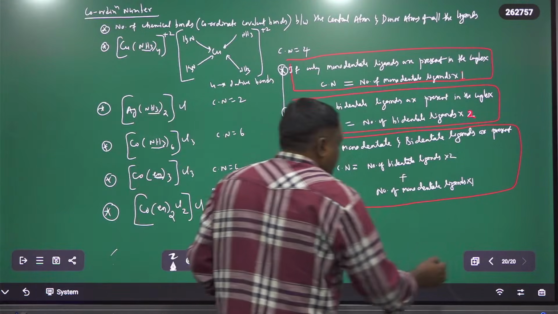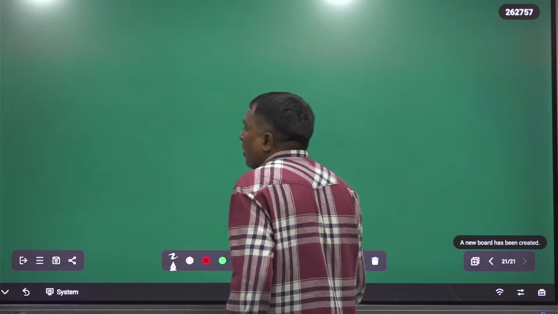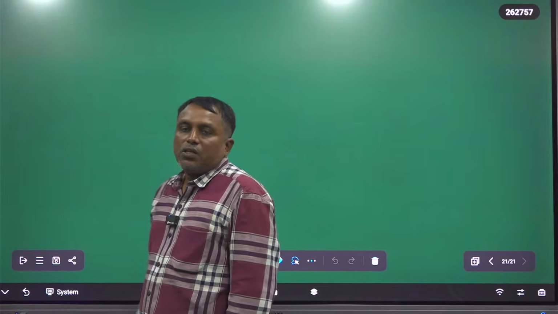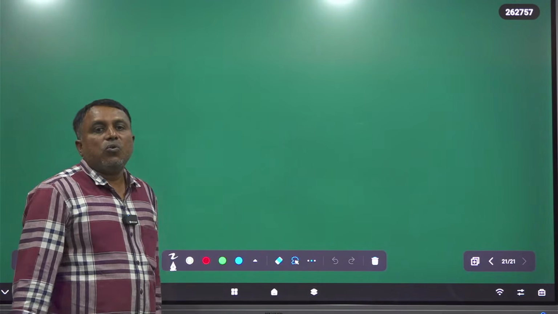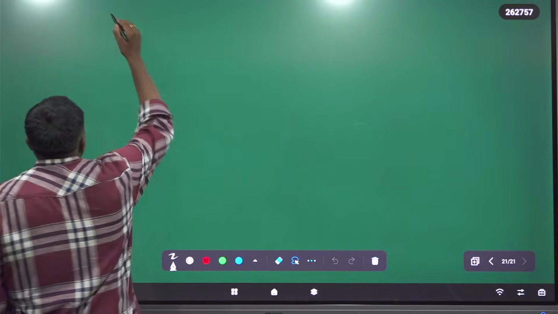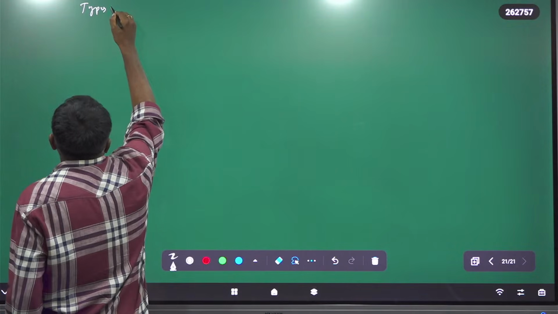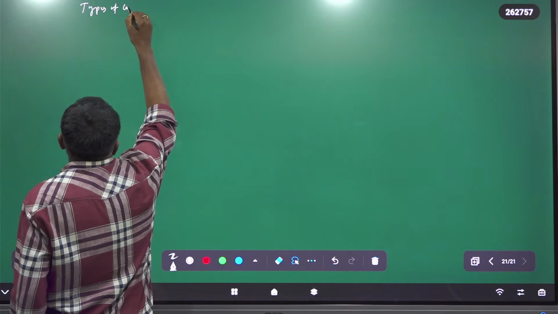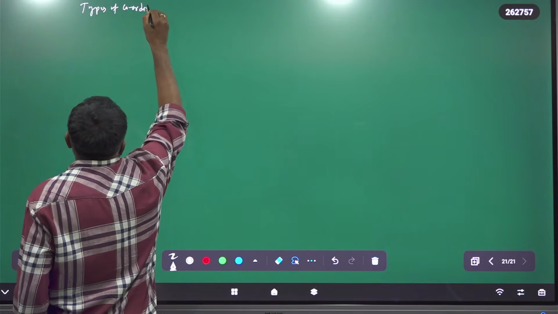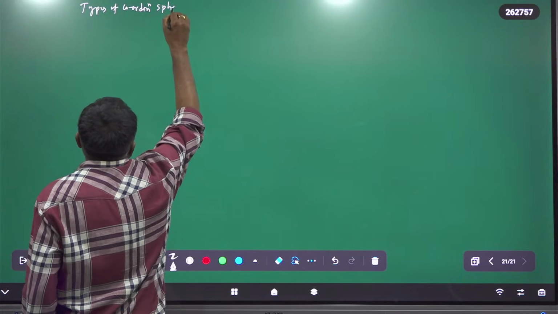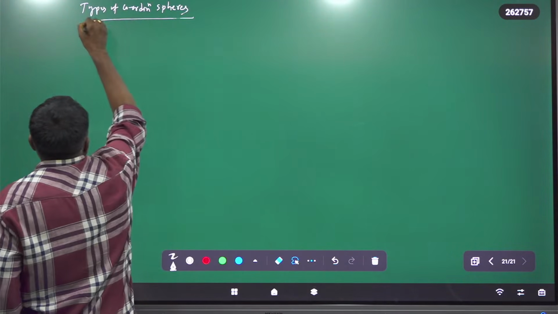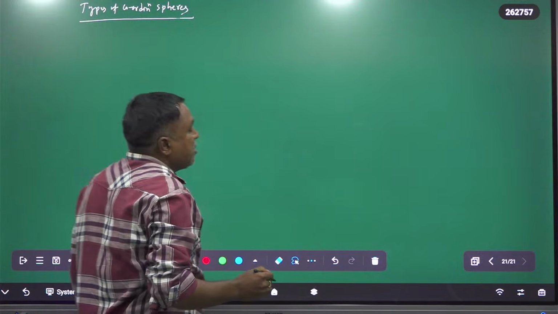So now we are going to discuss types of coordination spheres. What are the types of coordination spheres?